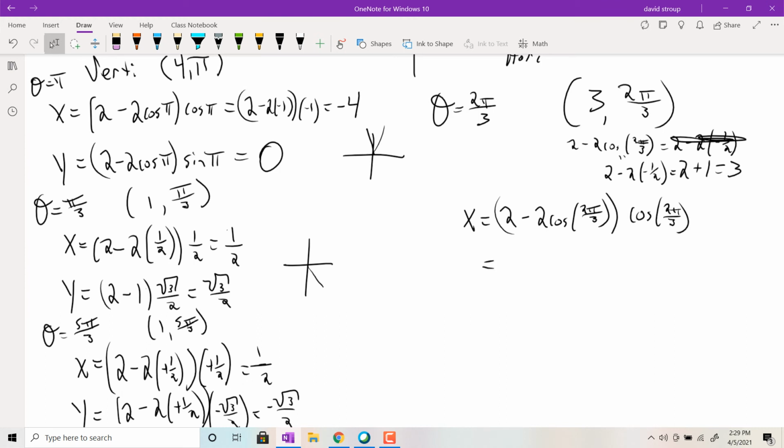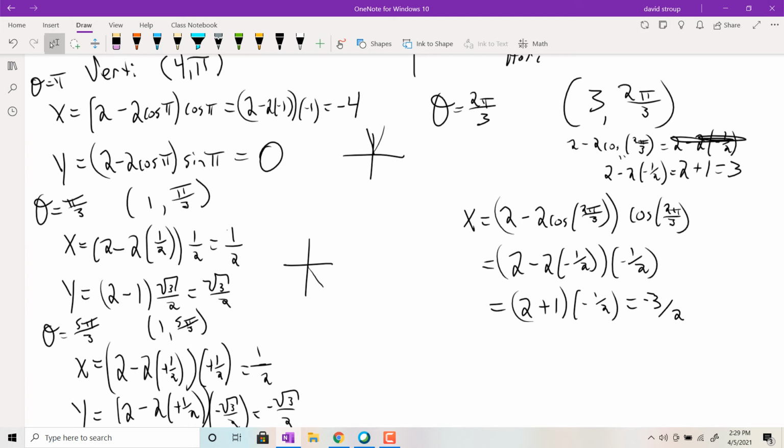So that would be 2 minus 2 times negative 1/2, which would be 2 plus 1, which is 3, times negative 1/2, which is negative 3/2. And then the y coordinate would be that same 3 times the sine of 2 pi over 3. And sine is positive in that quadrant, so that would be 3 times radical 3 over 2.